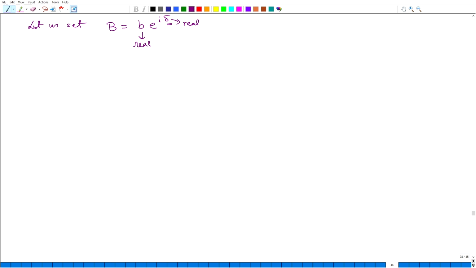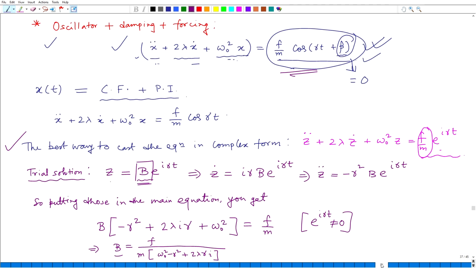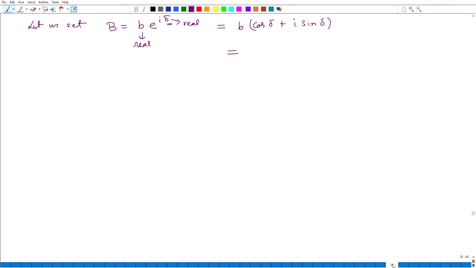So, if we do that, then of course we have to write that b (cos δ + i sin δ) is equal to, I now take this expression, f/m times 1 over (ω0² − γ² + 2iλγ).